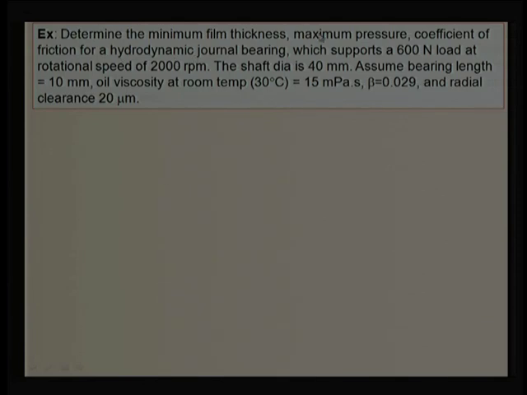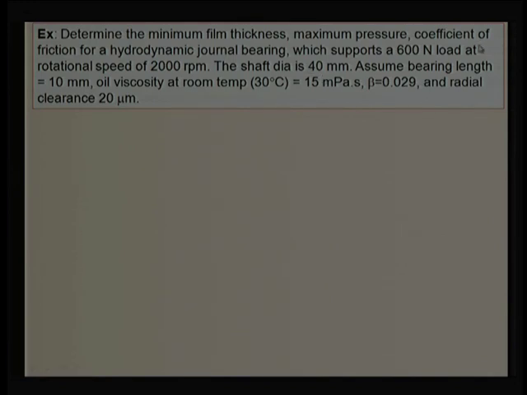This has to be estimated when the bearing is supporting a 600 Newton load at a rotational speed of 2000 RPM. Rotational speed has been defined, applied load has been defined, shaft diameter is 40 mm, and the bearing dimension also will turn out to be almost 40 mm.